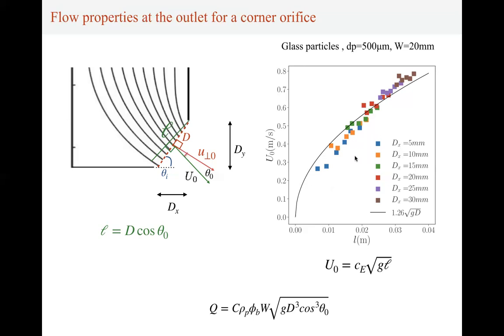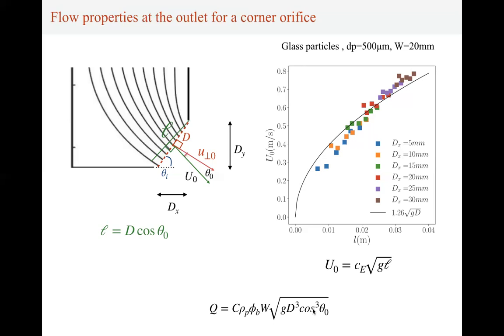In fact, here we have a small particle size effect, but I don't want to talk about it in this talk. So you will believe me, it's a particle size effect, but the main scaling is a square root. That means that the velocity depends on the square root of the size of the outlet, times the orientation to the power 3.